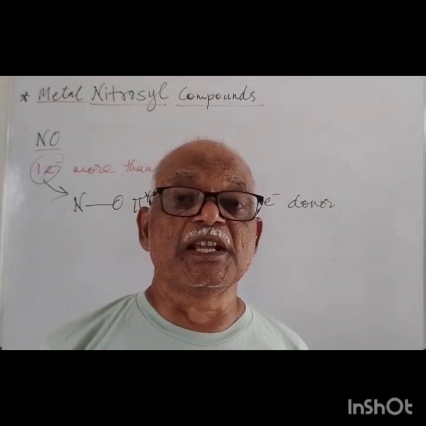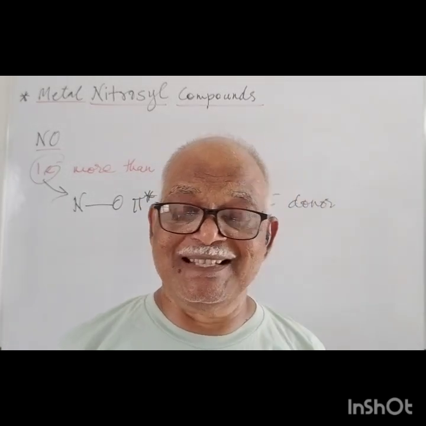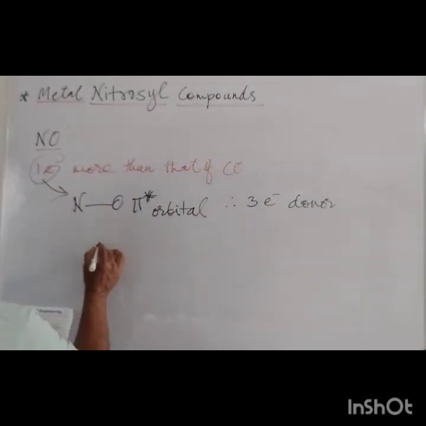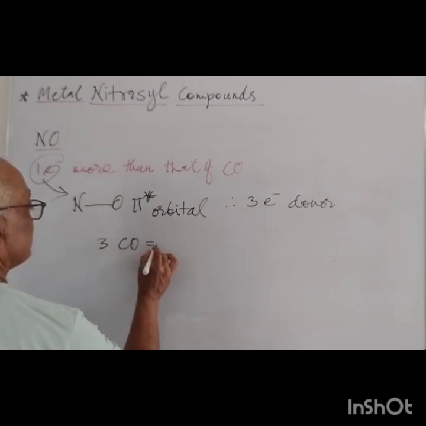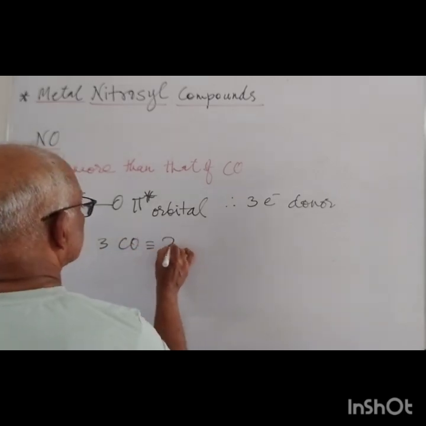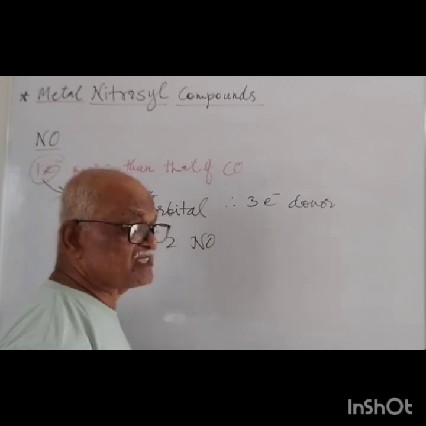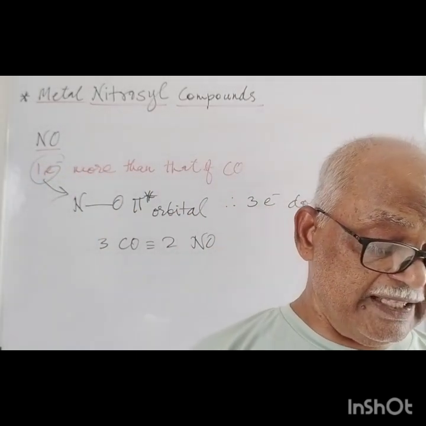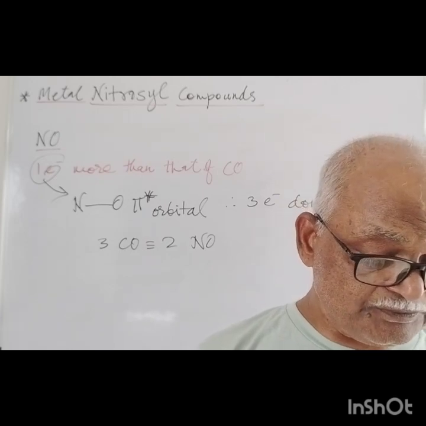If we see its equivalence with carbon monoxide, it is found that the 3 carbon monoxides are equivalent to 2 nitrosyl groups if we consider in terms of the electron count.